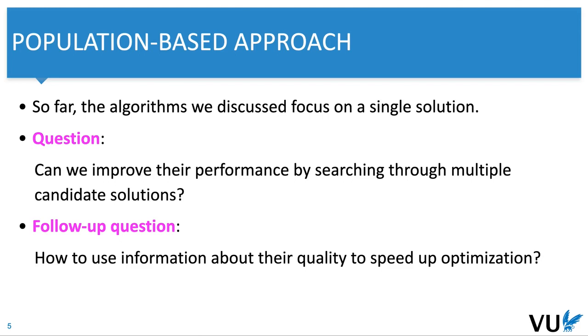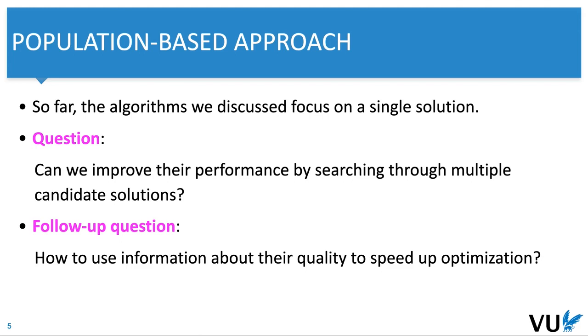So the natural question is: can we do it better by searching through multiple candidate solutions? As you've probably seen already in your assignments, we need to start these algorithms multiple times. We start them, repeat them, start again, repeat, and just look for the best possible solution that we obtained so far.